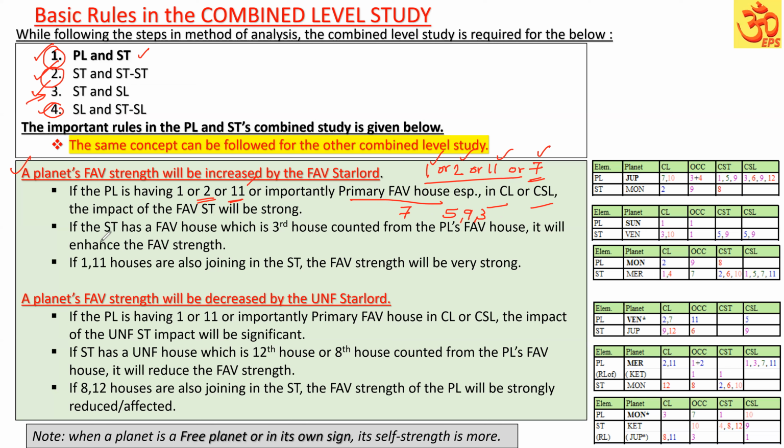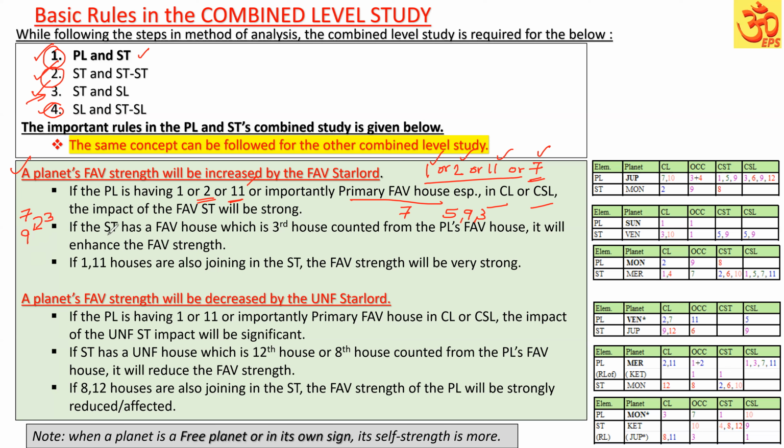Next point: if the star lord has a favorable house which is the third house counted from the planet's favorable house, it will enhance the favorable strength. Suppose a planet is having the seventh house in its self-signification. The star lord is having the third house from the seventh house, which is the ninth house.